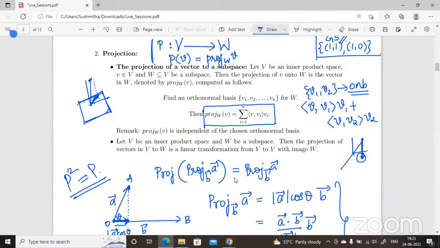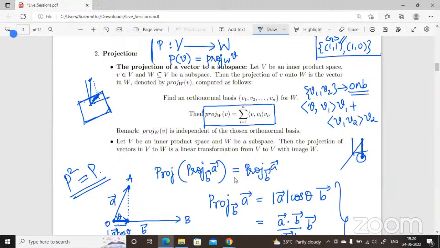And ma'am, is the standard basis always orthonormal? Yes, why not? They're all orthogonal and their norms are all one. So when we want to project a vector to a subspace and select an orthonormal basis, we can always select the standard basis? Unless, but what is the subspace?